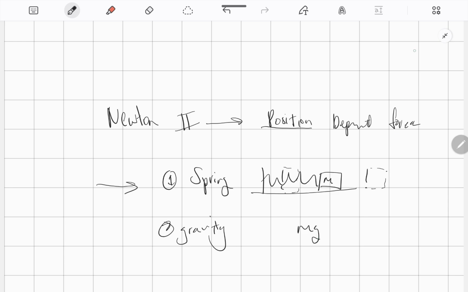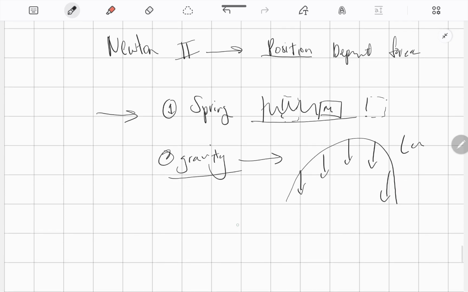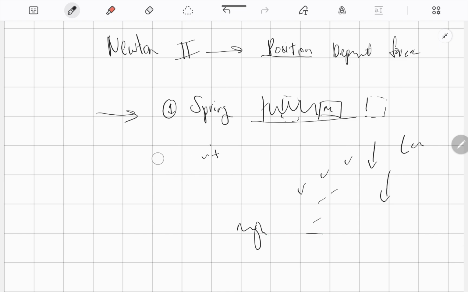Let me say you're talking about a projectile. A projectile actually has a constant force, because if you throw a ball and it goes up and down, there is always one mg force pulling it down, so it's a constant force for gravity. But if you look at energies, mgh will change as you go up. So for now, let's focus only on the springs.